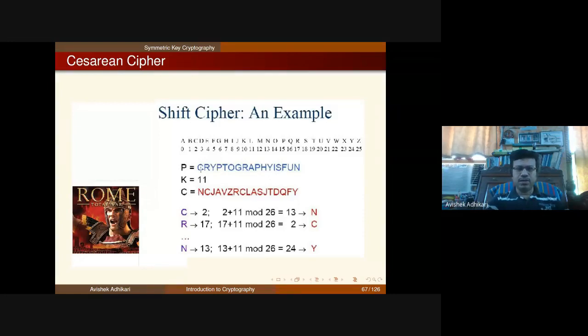So that means in the cipher text, wherever you find N, and if you have used k equal to 11, then you know that the plain text will always be C. That means C will always go to N, R will always go to C, Y will always go to J. So if you are using k equal to 11, a particular alphabet will always go to a particular alphabet. Okay, that means this kind of scheme is known as monoalphabetic.